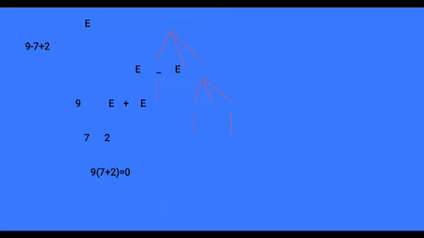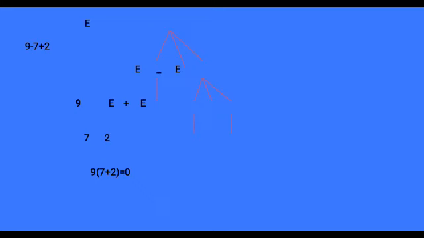First connection write E, next one minus, next one E. Coming back to the left side E, connect 9 and leave minus as it is, and proceed with the right side E. Again the right side E has 3 connections, that is E plus E. The right side subtree E is extended to 7.